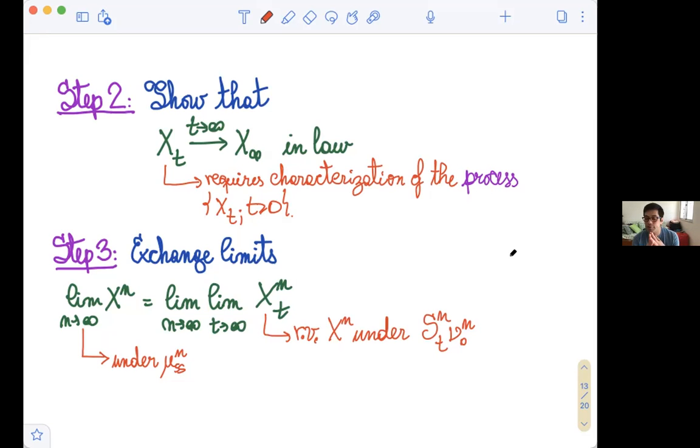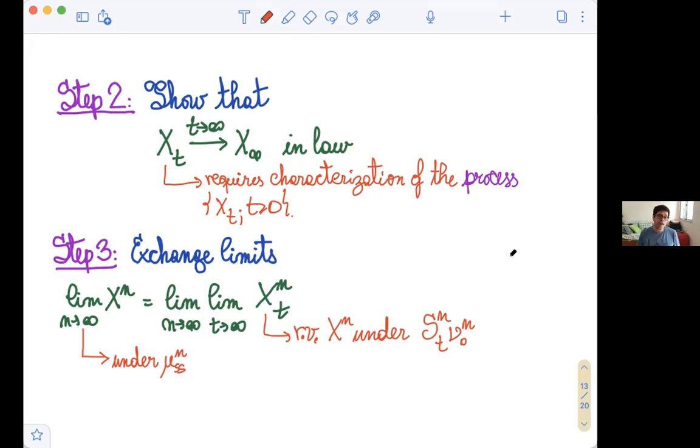So you see, I'm writing this, this is kind of a too optimistic thing, because step 1 is very difficult. Step 2 is probably easier, but still difficult. And step 3 is possibly the most difficult one. It looks impossible, because depending on what your random variables x are, it looks very difficult to exchange these limits.